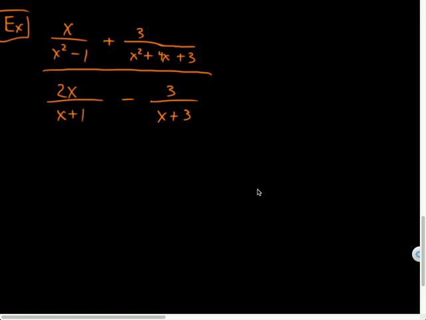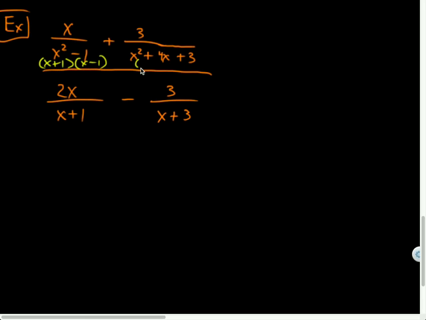So, might run out of room on this problem. We'll see. My first thing is, I recognize this as a sum and difference of fractions within a bigger fraction. I need to find the LCD of all of these denominators. What does this factor to be? x plus 1, x minus 1.